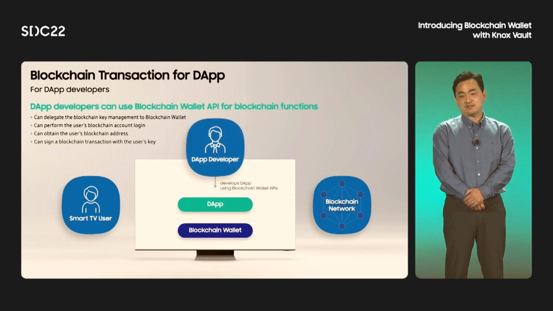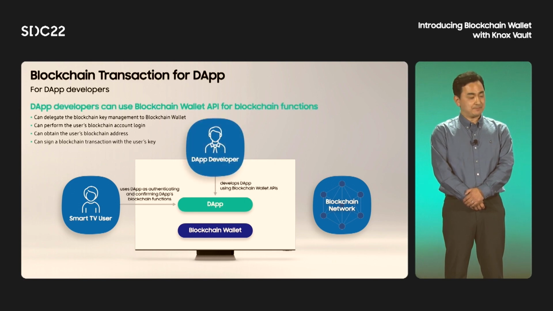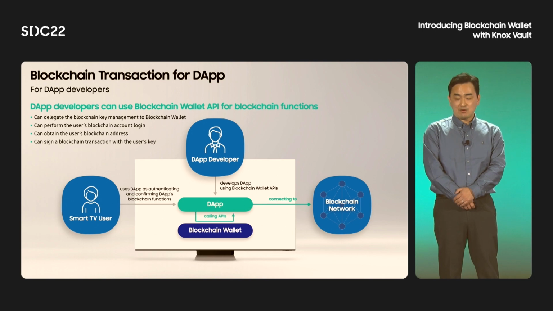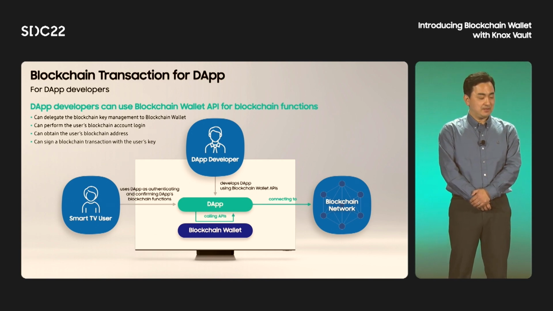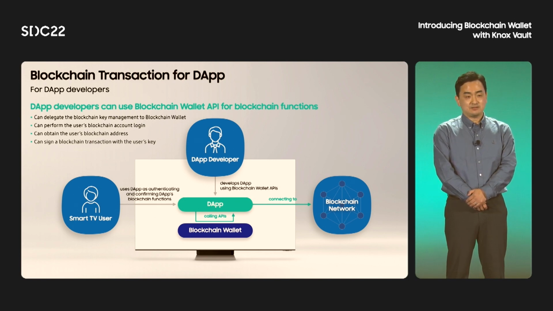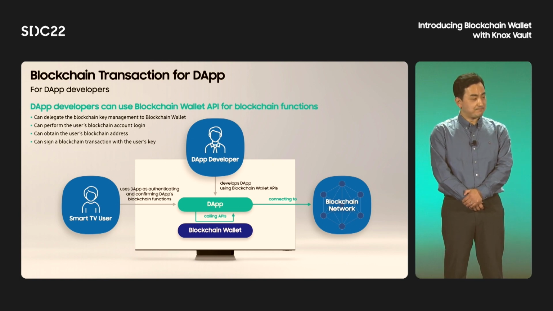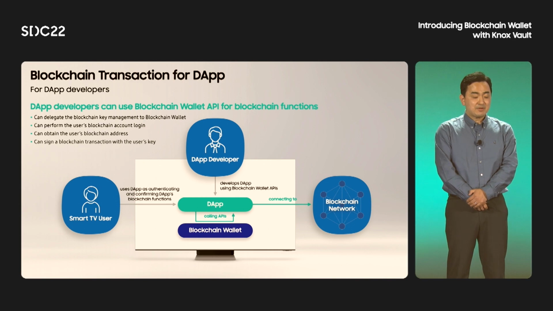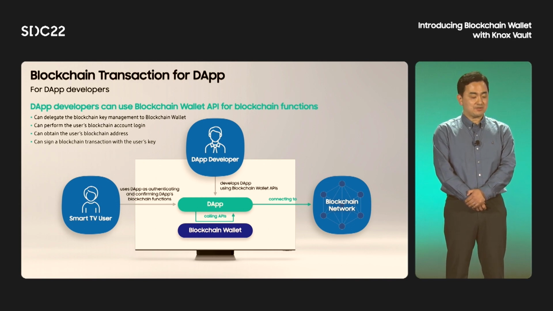The other use case is mainly for DApp developers. They can develop their TV DApp using our blockchain wallet APIs. With the APIs, their dApp can delegate the blockchain key management to Samsung Blockchain Wallet. The dApp can perform the user's blockchain account login and find the user's blockchain address.